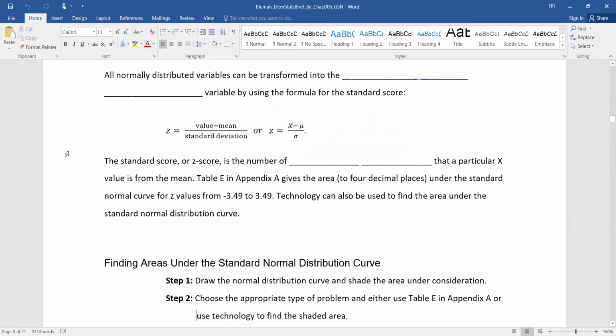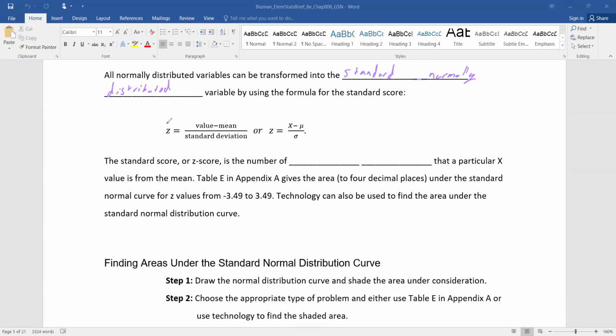All right, so we see that all normally distributed variables can be transformed into the standard normally distributed variables by using the formula for the standard score.